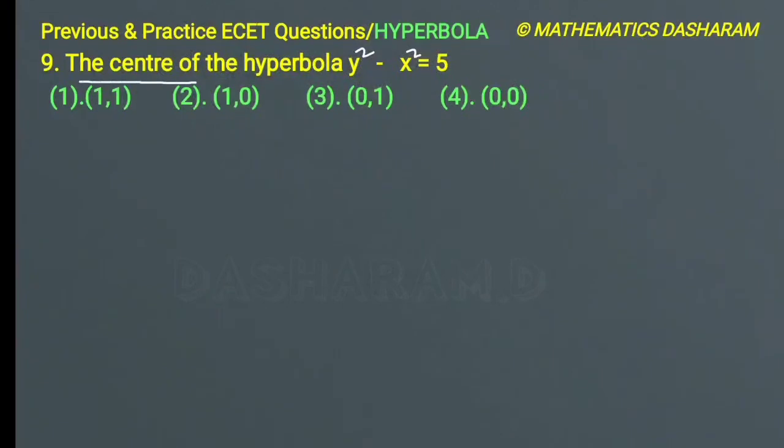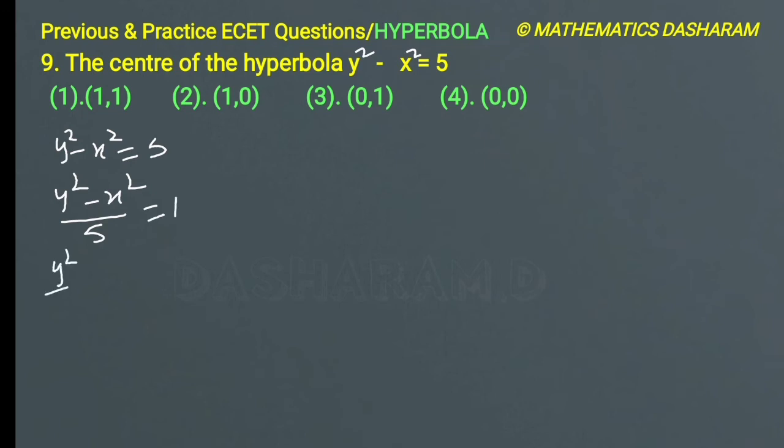Ninth question, the center of the hyperbola y square minus x square equals 5. Let's convert into standard form. So y square minus x square divided by 5 equals 1. y square by 5 minus x square by 5 equals 1.